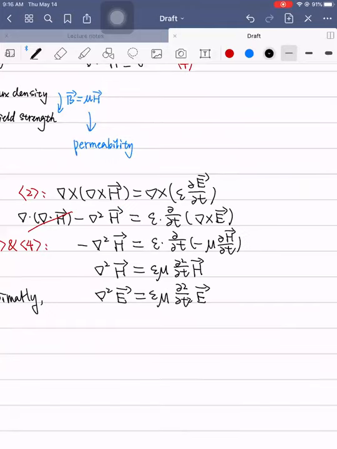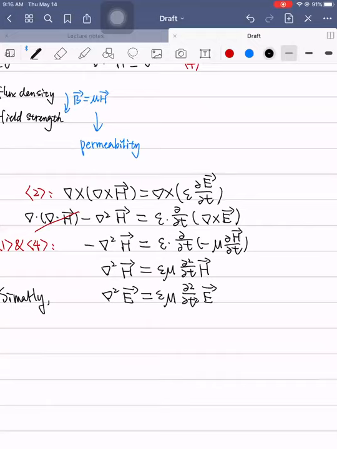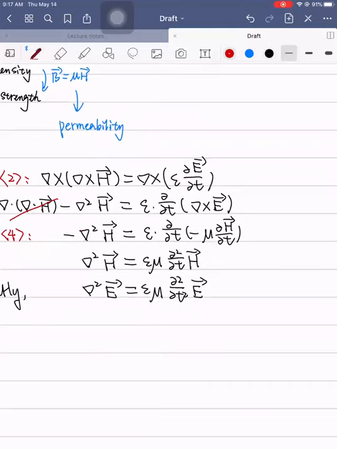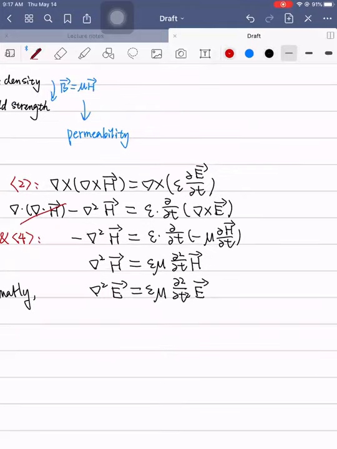So let's look at these 2 equations. These 2 equations are the most important equations today. The left-hand side is the Nabla operator squared. So it's not the simple spatial gradient anymore, but it is the second derivative in space.